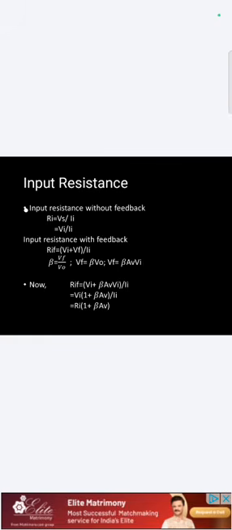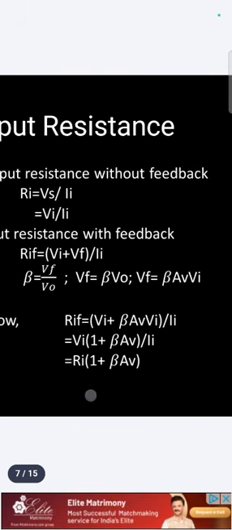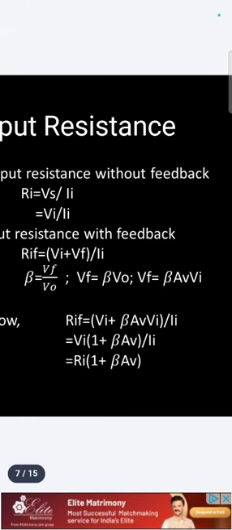We already derived that Vf is equal to beta into V naught, and that becomes beta into AV into Vi. Now we substitute all the parameters in RIF. RIF is equal to Vi plus Vf, which we found as beta into AV into Vi, divided by Ii.